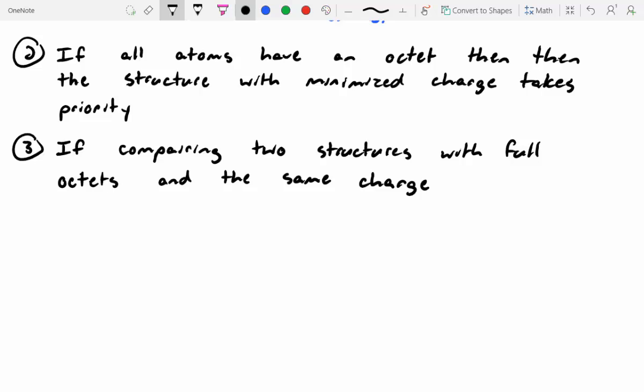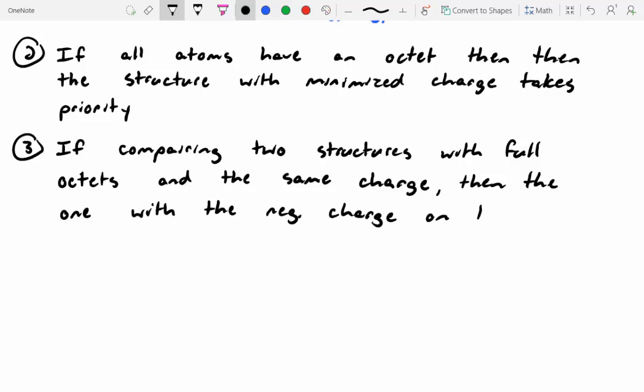So if comparing two structures with full octets and the same charge, then the one with the negative charge on the more electronegative atom takes priority. Or another way of thinking about this is the positive charge wants to be on the least electronegative atom.